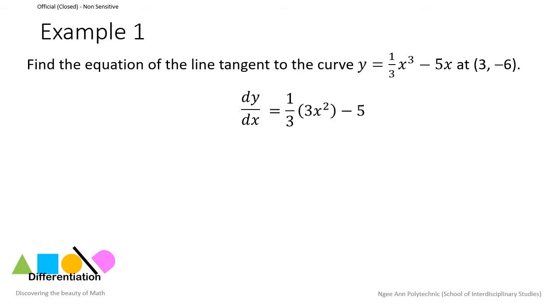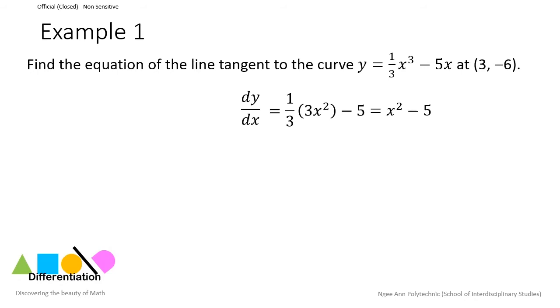So let's do that. We differentiate y, and this would then give us the expression to find the slope at any point. Let's simplify it first, and dy dx is now given by x squared minus 5.